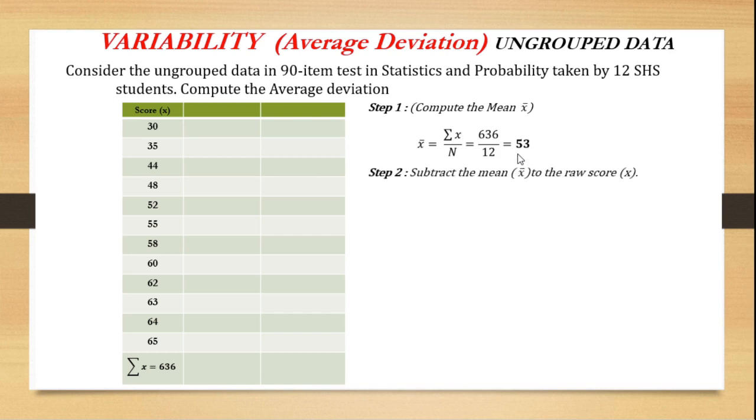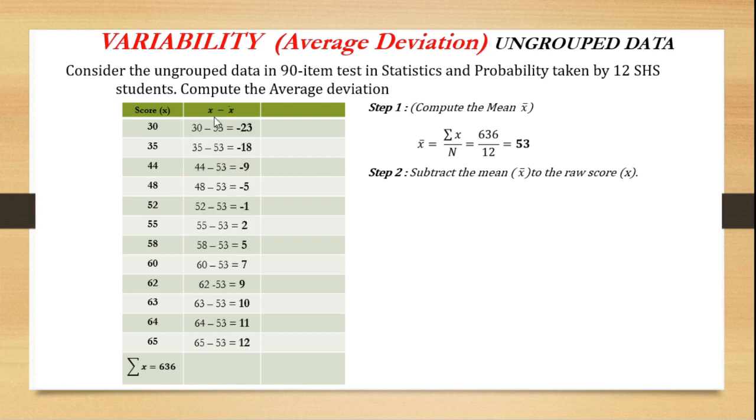Step 2 is to subtract the mean from the raw score x. Each of these scores in the column for x will be subtracted by the mean, 53. We put in the second column the difference between the raw scores and the mean.